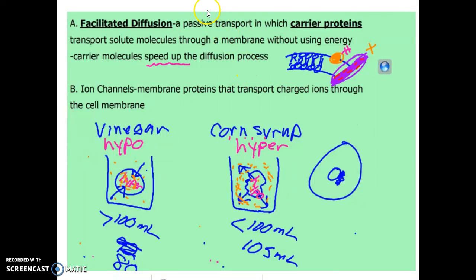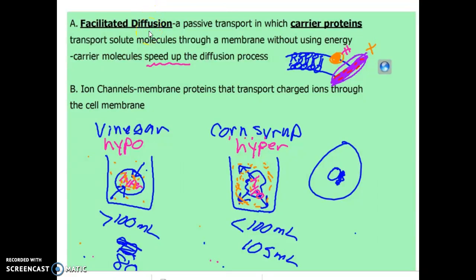So it's still diffusion. Remember when I put food coloring in the water and we said that things naturally want to diffuse from an area where they're more concentrated to an area where they're less concentrated?